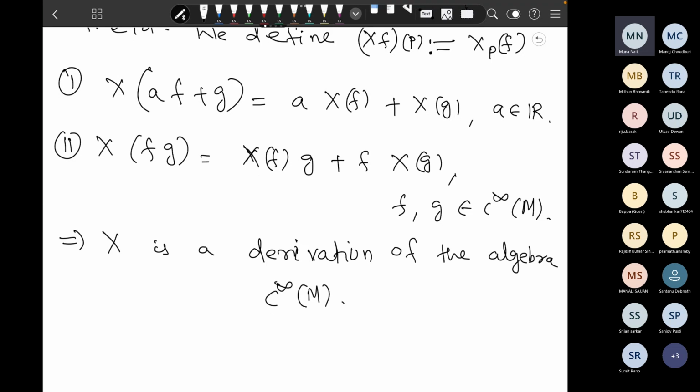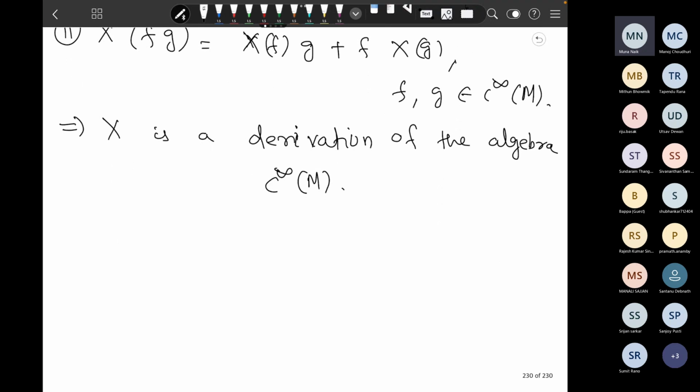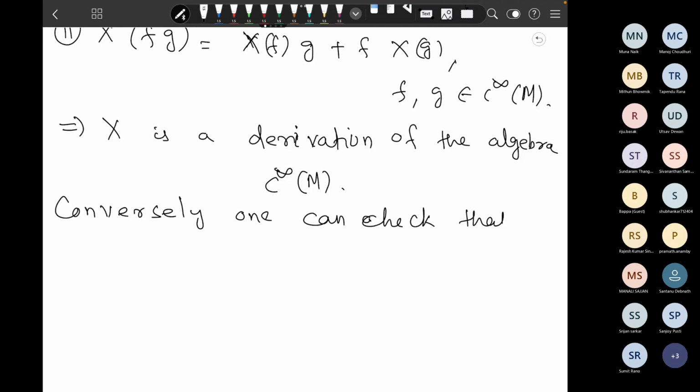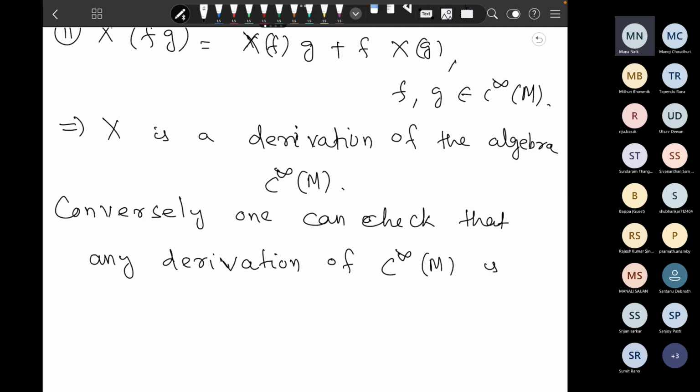Now conversely, one can check that any derivation of C infinity M is a vector field.